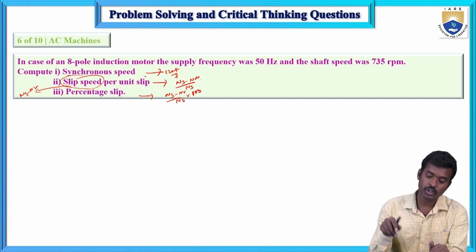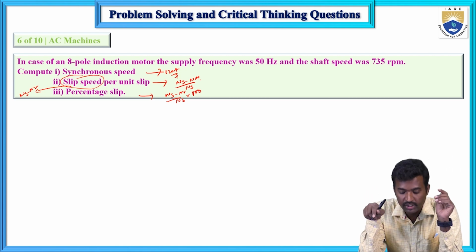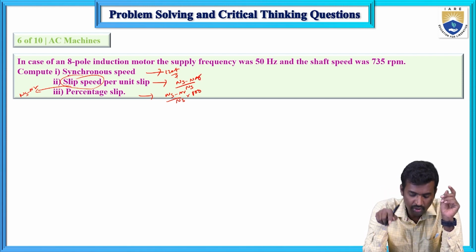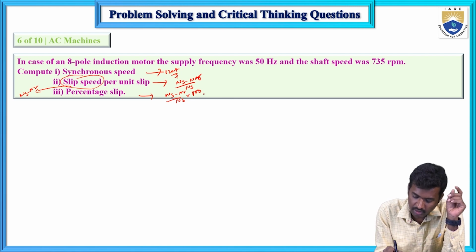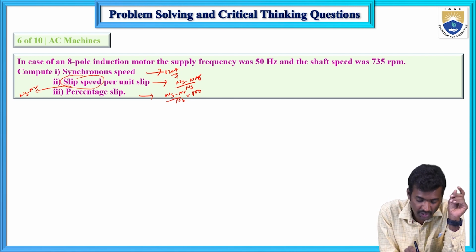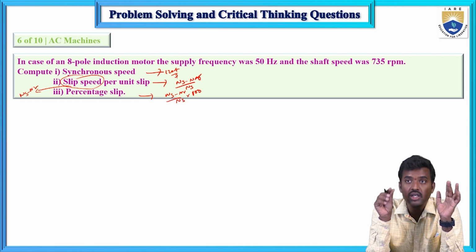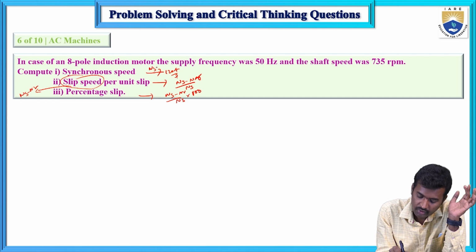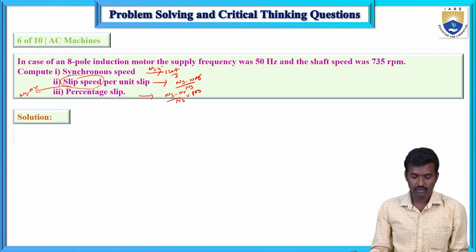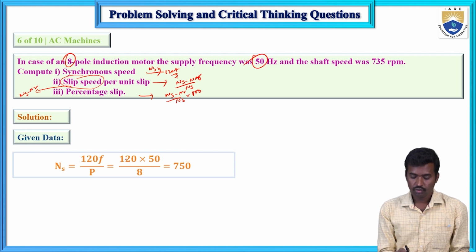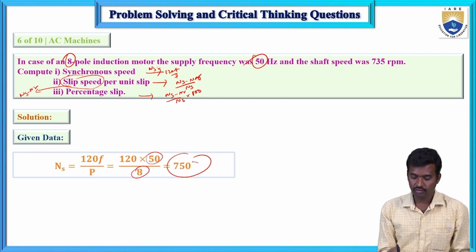Now the frequency is 50 Hz and the number of poles is 8, so 120 f by p gives 750 rpm.